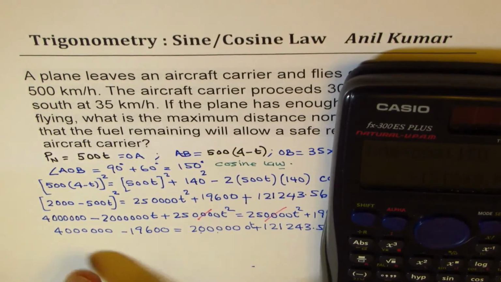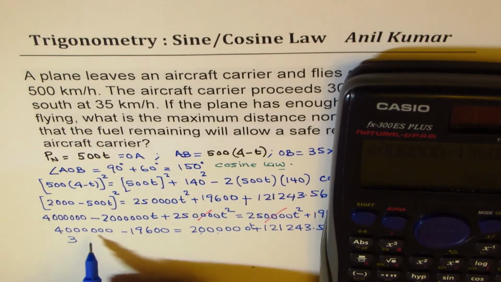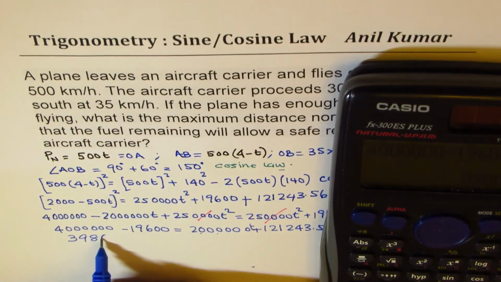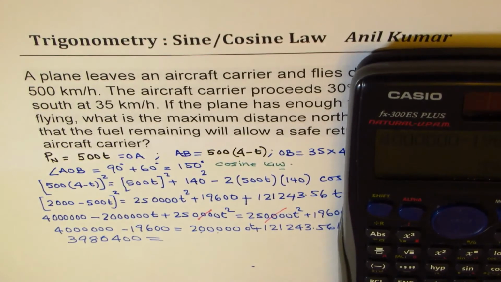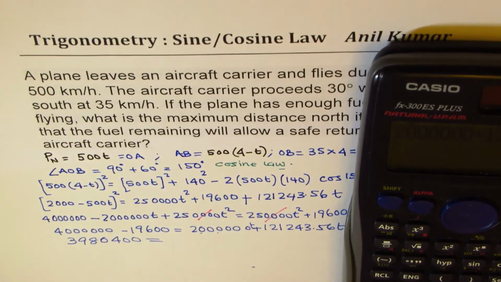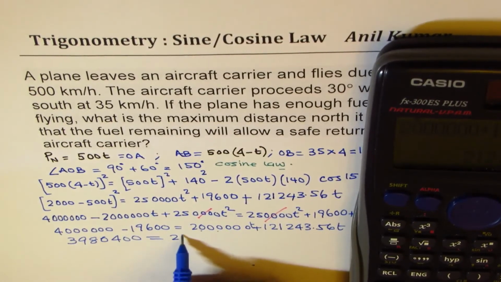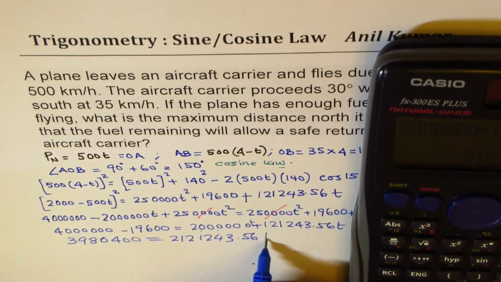So let's do that difference. 4 million take away 19600 equals to 3980400, equals to, let's add those two, 2 million plus 121243.56 equals to 2121243.56 t.